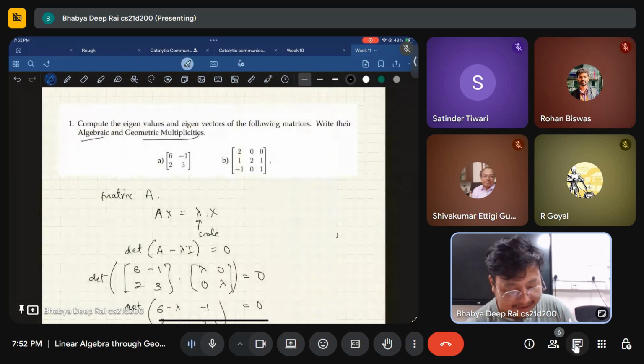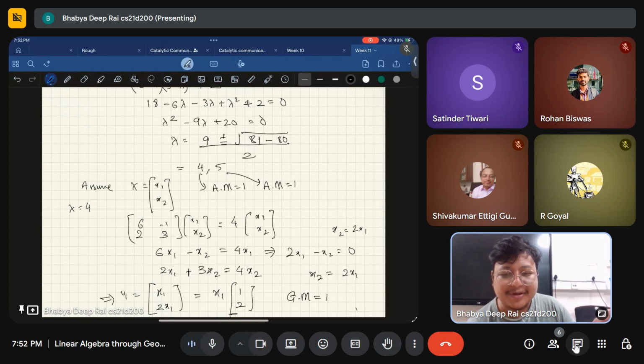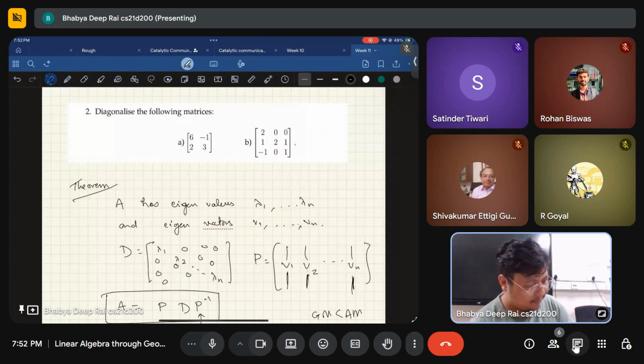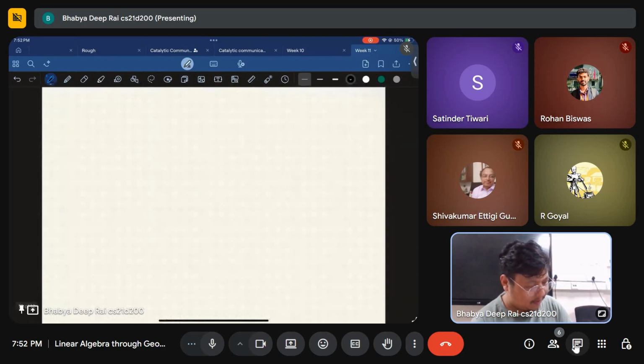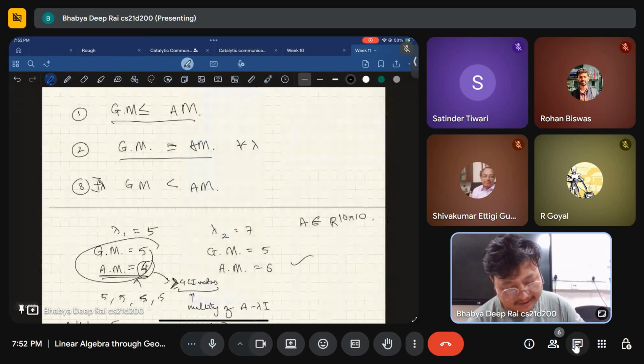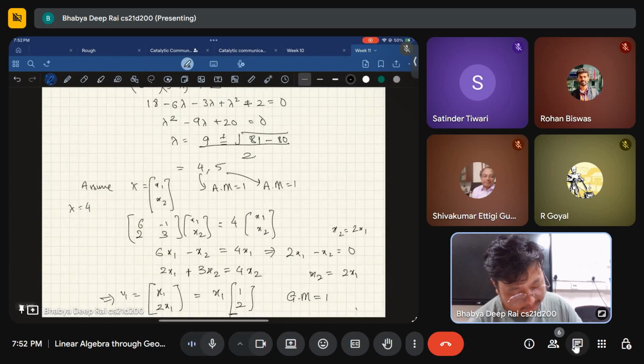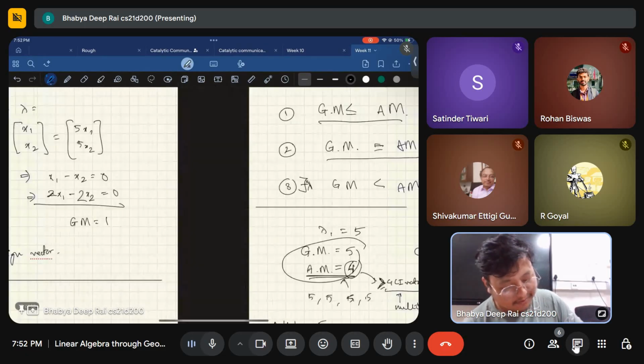Thankfully, in both the cases that we have, geometric multiplicity is equal to algebraic multiplicity. So let's do this. In the first case, lambda equals 4 and lambda equals 5, and here you have 1, 2, and 1, 1.